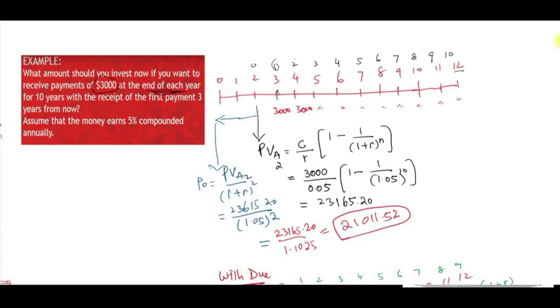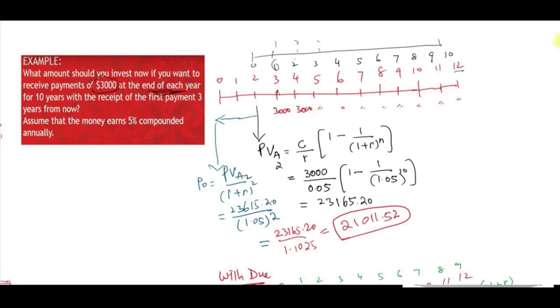But the first payment is happening at year 3, so we have to take 1 year less, so I'm making 2 as the base year. This is the same as another timeline. If I draw it from 0 onward, 0 would be 0, then 1, 2, 3.